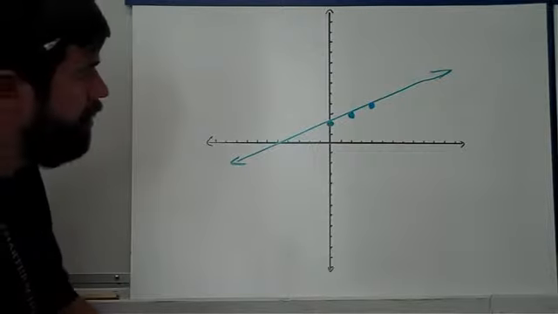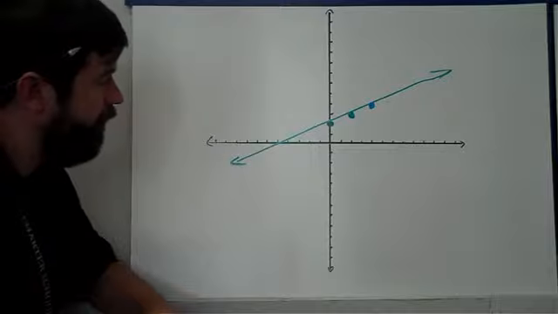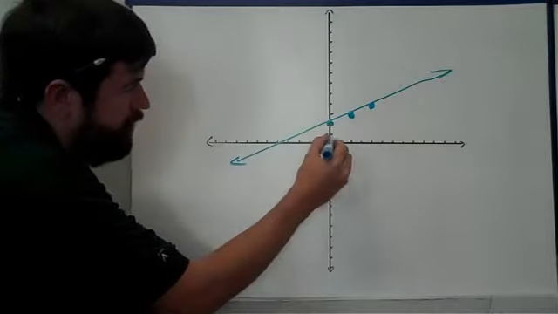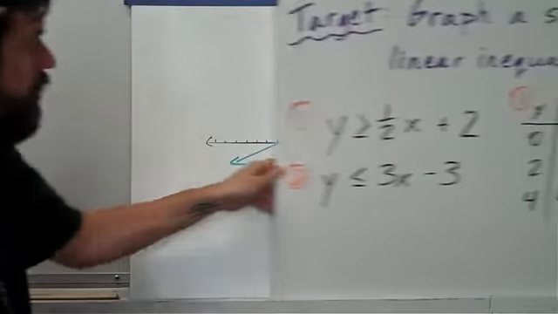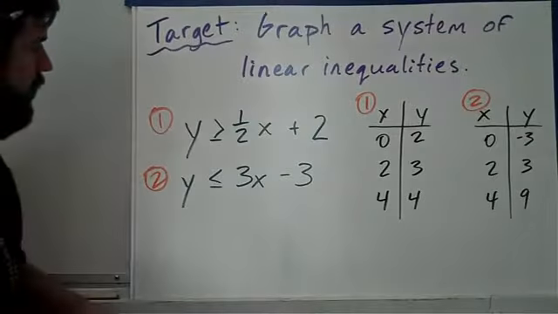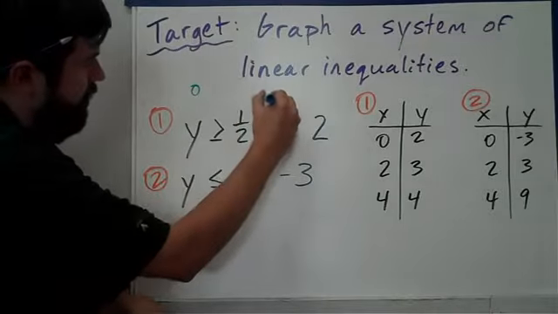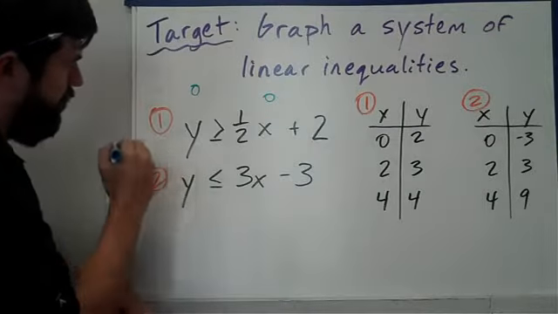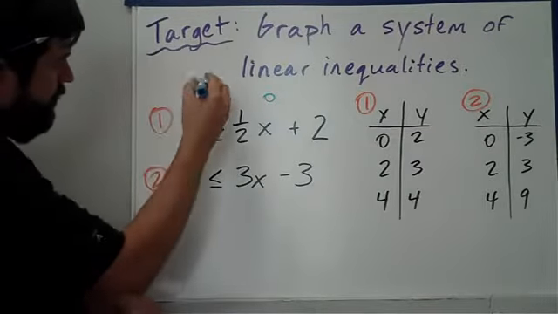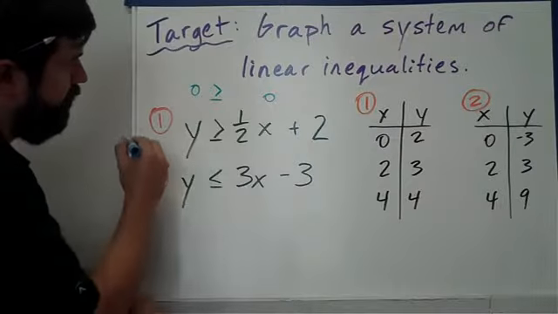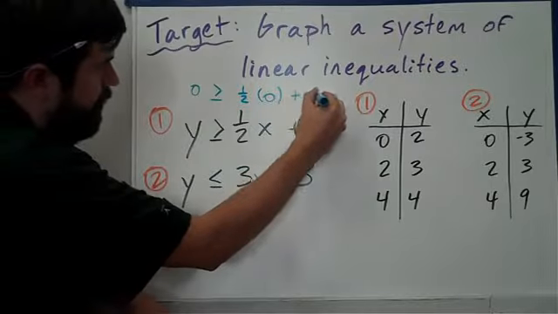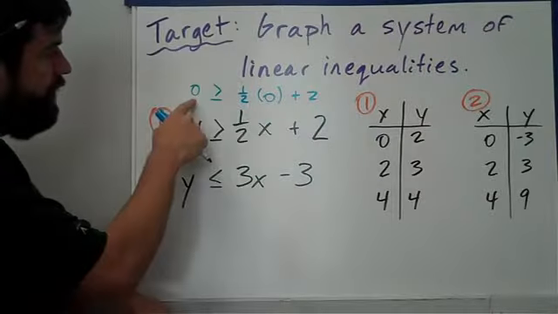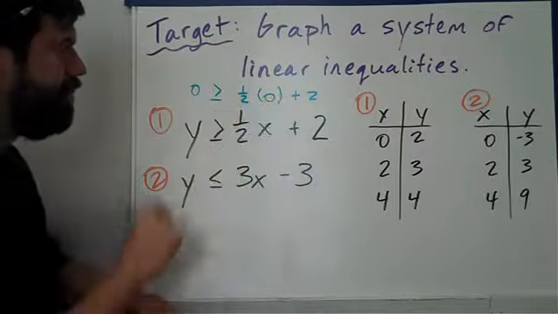Okay, so if you forgot how to do that, what we're going to do is plug in 0, 0 into our original equation. Let's go back to it. If we plug in 0 here and 0 here, this statement now says 0 is greater than or equal to 1/2 times 0 plus 2. Well, is 0 greater than 2?